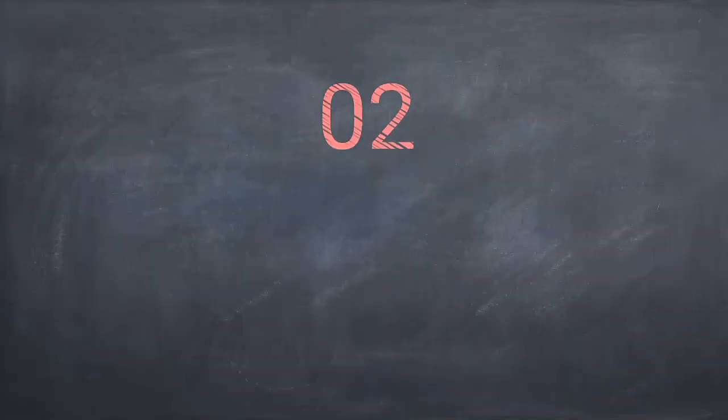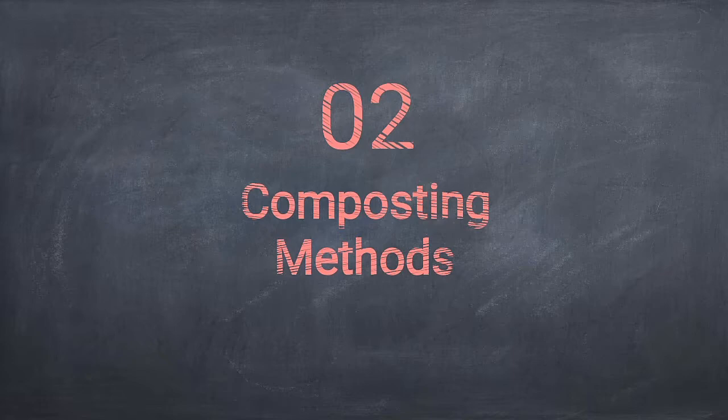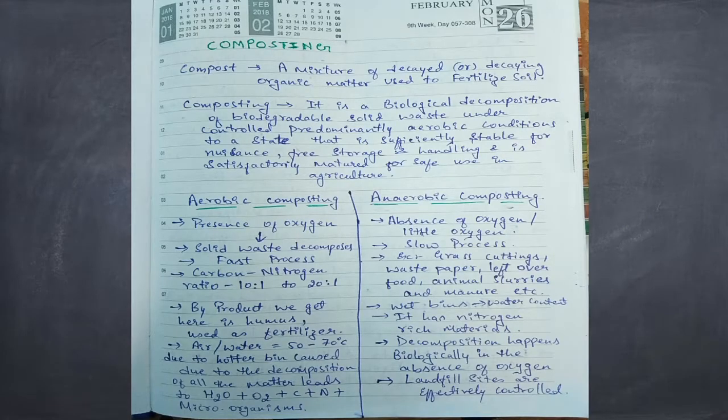And secondly, we will study the composting methods. In the case of these composting methods, let us start. What do you exactly mean by composting? Composting is nothing but the degradation of organic matter, which later becomes a byproduct called humus or biogas, and as a manure it plays a role, which can be further utilized as a fertilizer for the soil.